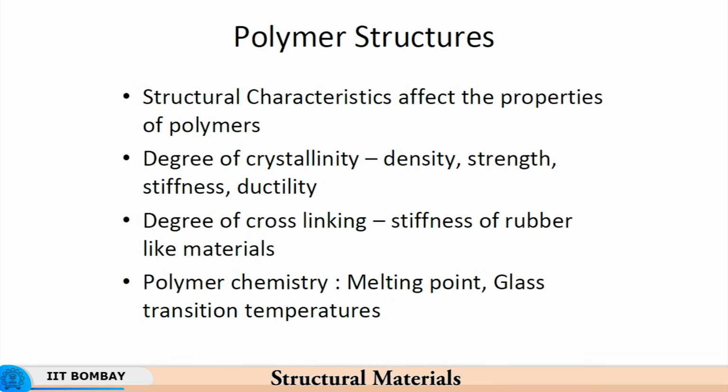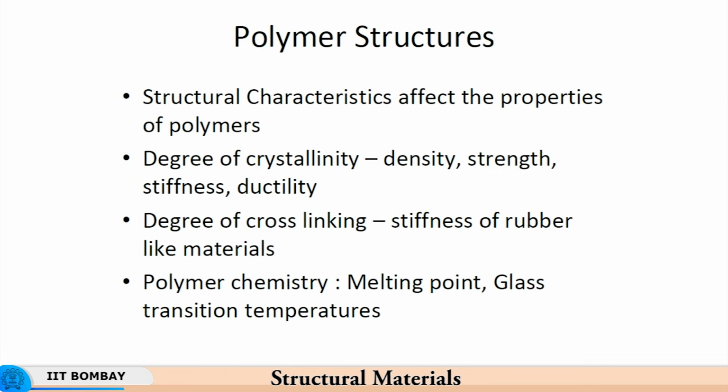Similar to ceramics, they do not have any kind of ductility. So, they have high strength and they break without any deformation. Polymer structures of what we call thermosetting plastics, for example, are very strong but have poor ductility.